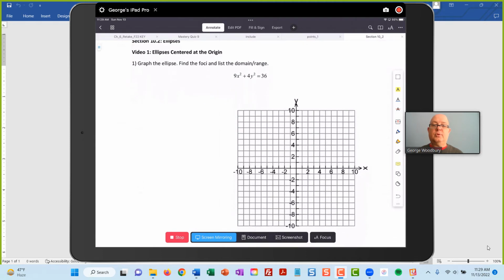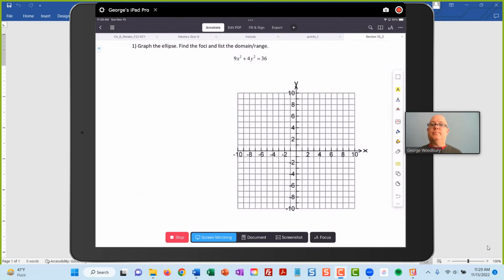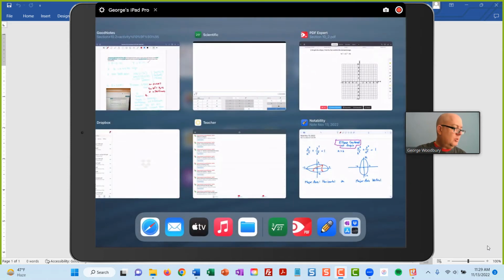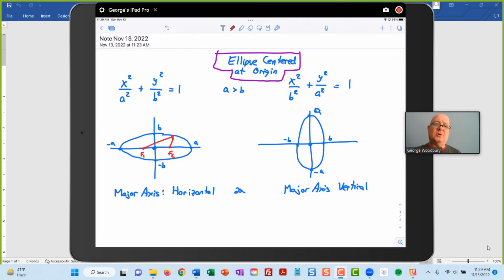The first one I've got is 9x squared plus 4y squared equals 36. Oh, we need to talk about how to find those foci. We'll do that in a second as well. That's where the difference between a squared and b squared is important.